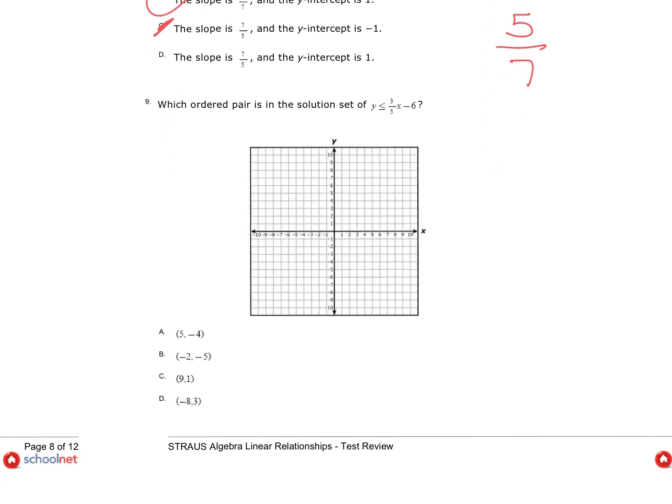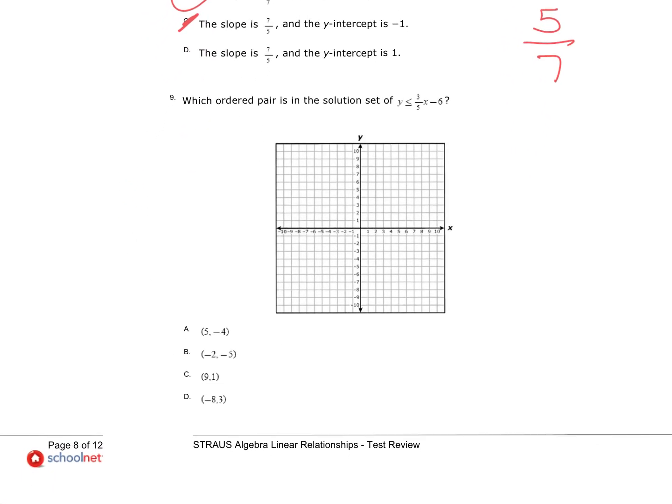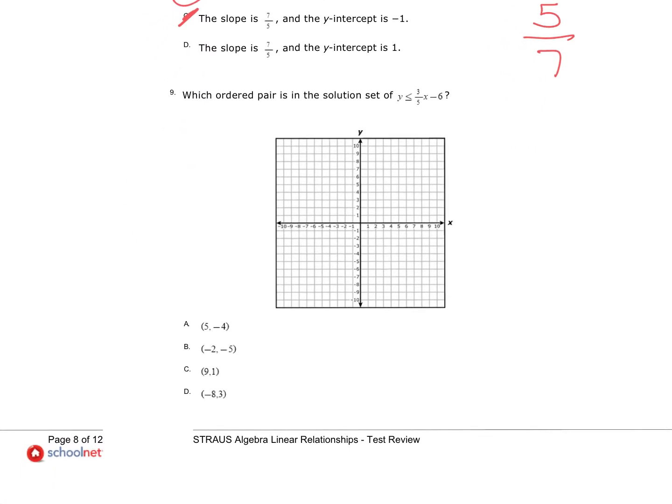Okay. Let's look at number 9. Inequality again, which ordered pairs are in the solution set. So I'm just going to look at my inequality. My inequality tells me 2 things. One, I'm going to be graphed on a solid line, and I'm shaded down. If I were to graph this, I'm starting at negative 6, and going over 5, 1, 2, 3, 4, 5.